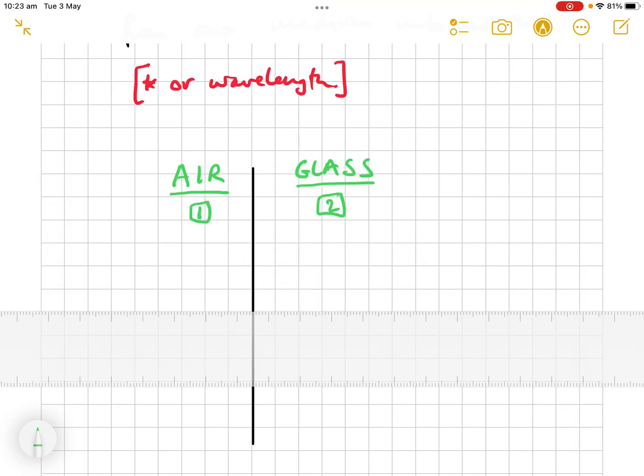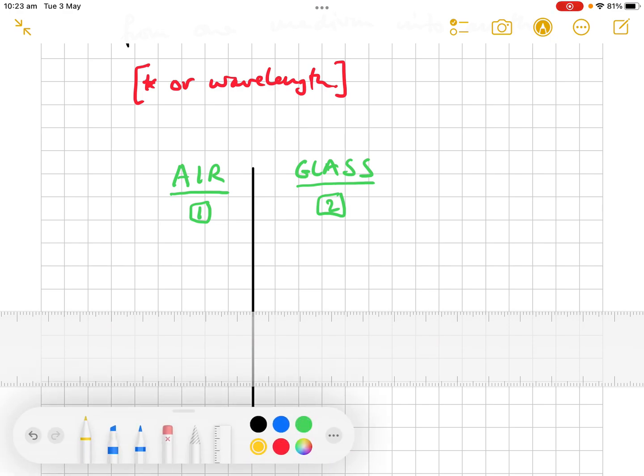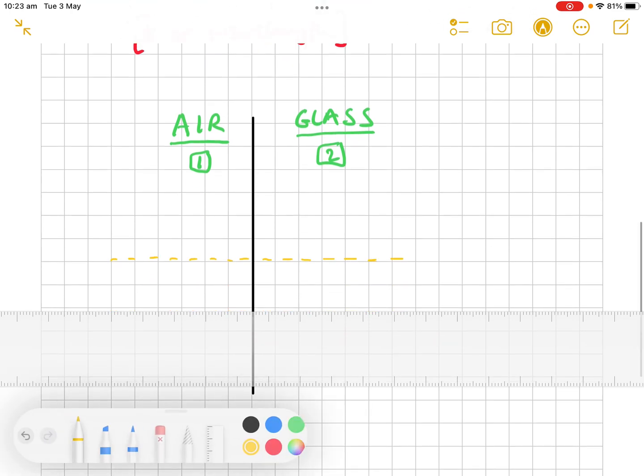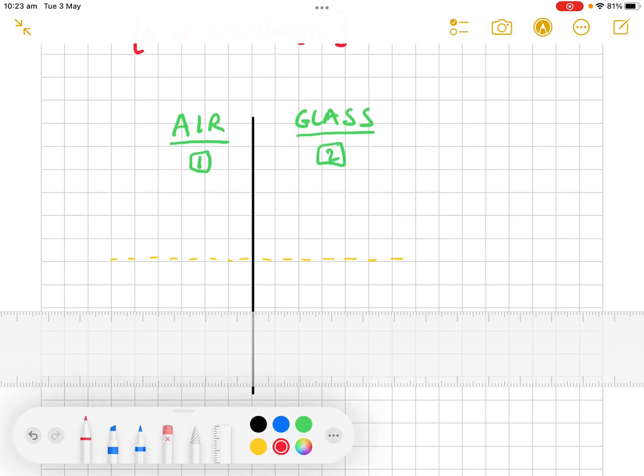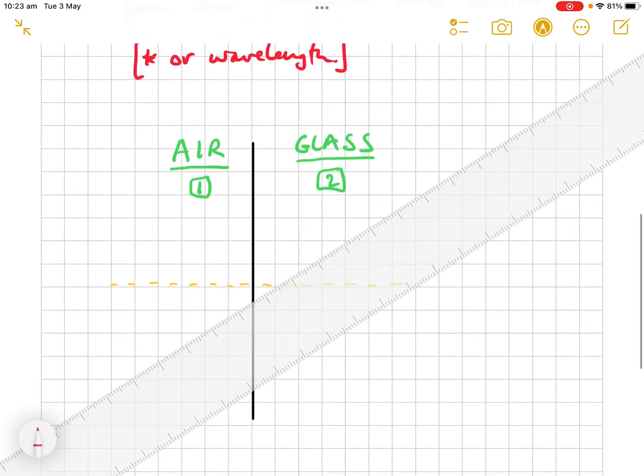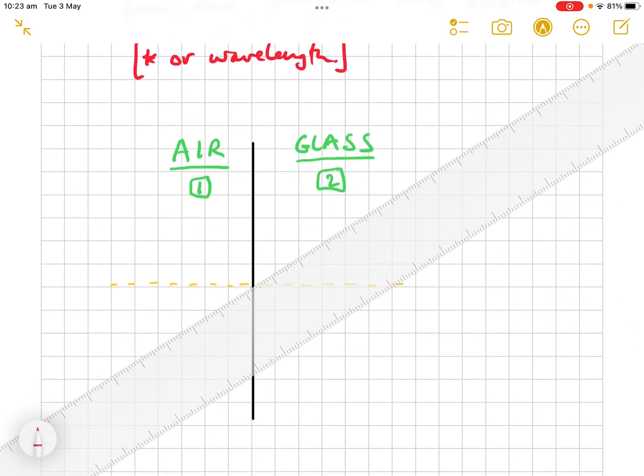Well, I'm going to bring my light ray in at an angle, so I'm going to draw a normal. As you know, a normal is an imaginary line. It's a construction line drawn at right angles to the boundary. So let's take our ray of light coming in. We're just imagining this is monochromatic light at the moment. It's got a particular wavelength.